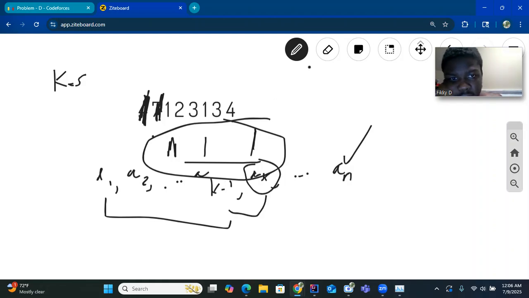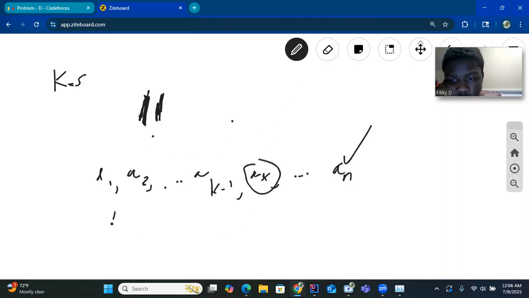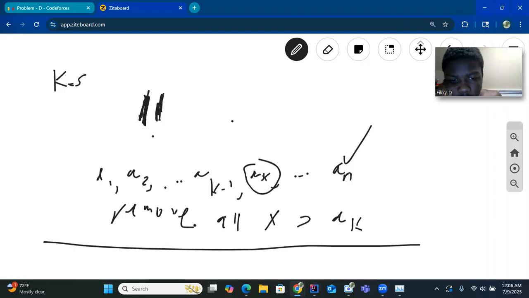So the idea is that if you remove all x greater than ak, all of them, then we're fine. We know for a fact that we're going to be fine.